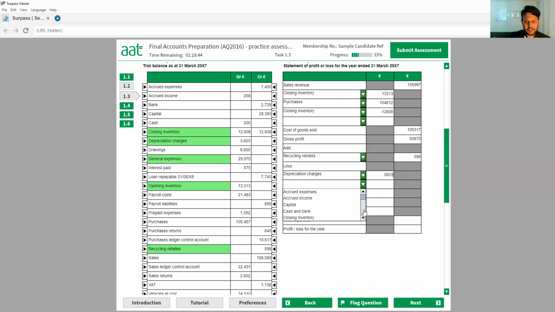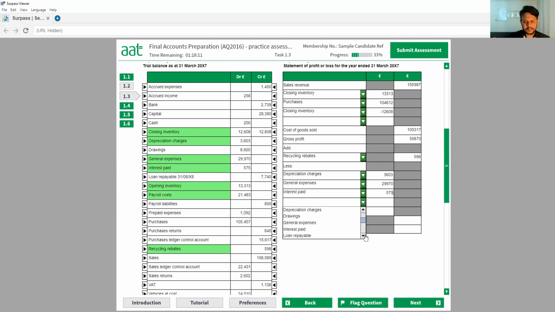This is also an expense, and that is 29,970 and 575. Then we have a payroll cost, and that is 21,483.